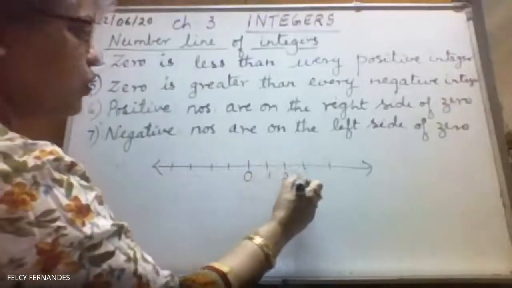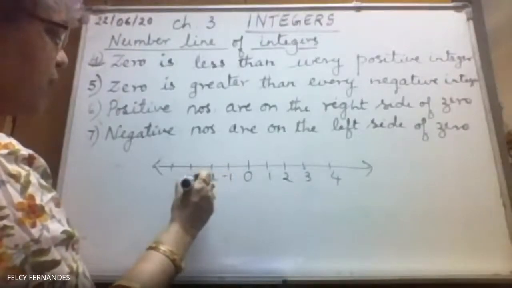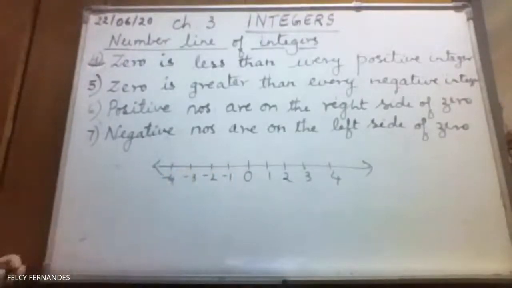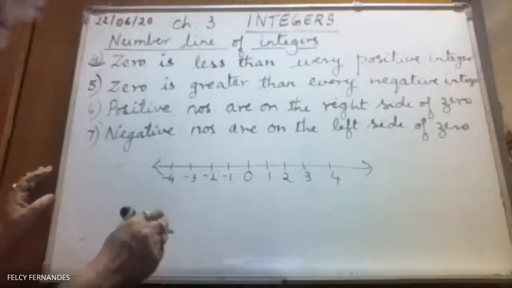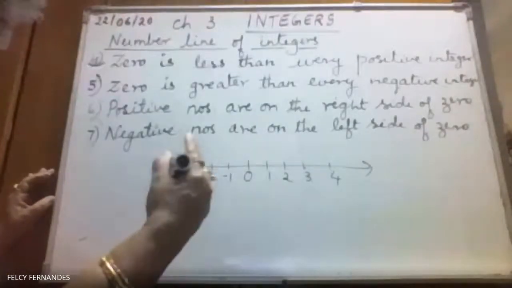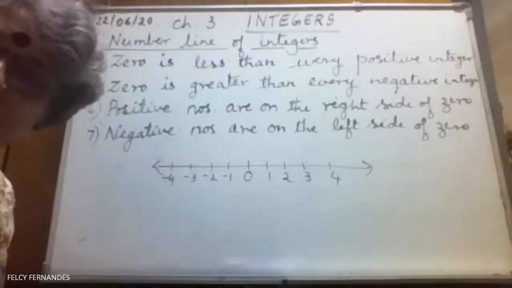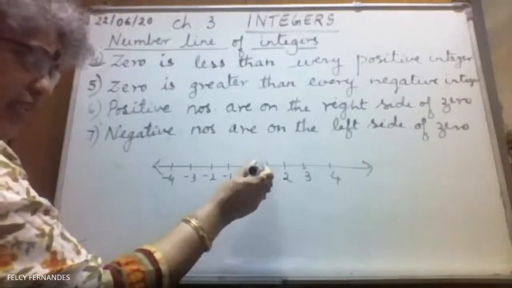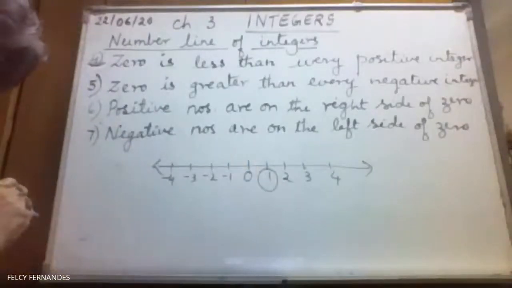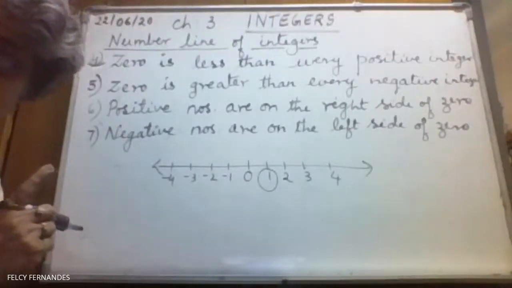This is 1, 2, 3, etc. This is -1, -2, -3, -4, etc. We need to find out which is my smallest positive integer and which is my greatest positive integer. 1 is the smallest positive integer.